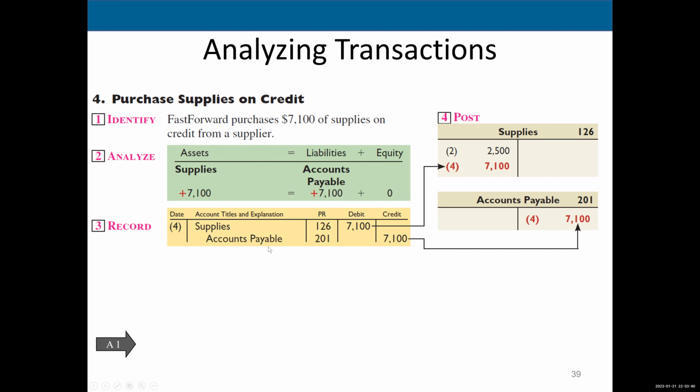So there's our journal entry. Once we have that, we're going to post this entry one line at a time to the general ledger. We have supplies, debit of 7,100. This is just a copy job. Then we go to the second line, accounts payable, credit 7,100.